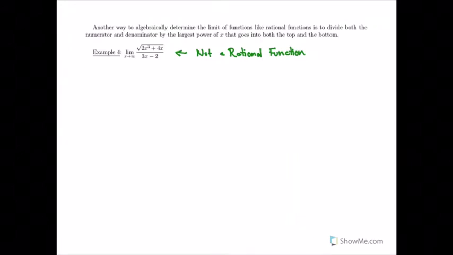So we're going to mess with this square root carefully here. The square root of 2x cubed plus 4x. We are going to factor out the largest term, this x cubed, from both those terms.